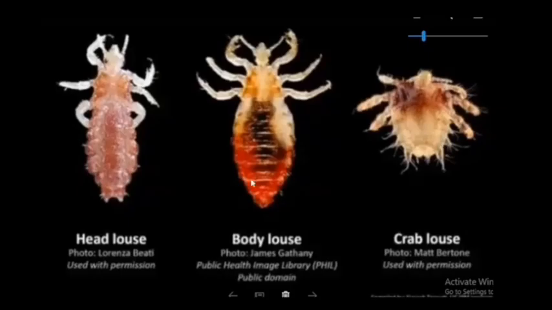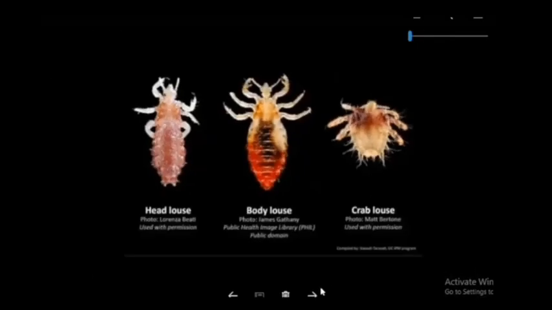The body louse is found on any part of the body, and the head louse is majorly housed in the head. So these are what the lice look like.